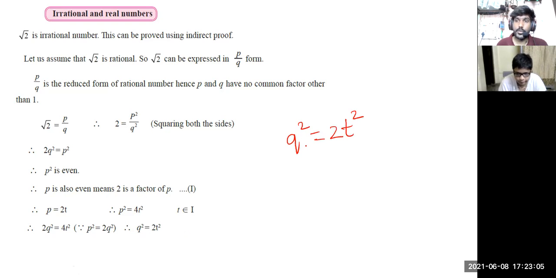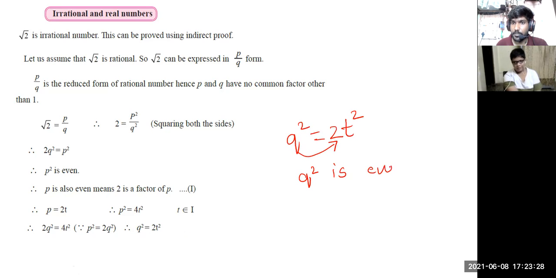If you look at this equation clearly, q square is a multiple of 2. Since q square is a multiple of 2, we can say that q square is what number? Even or odd?